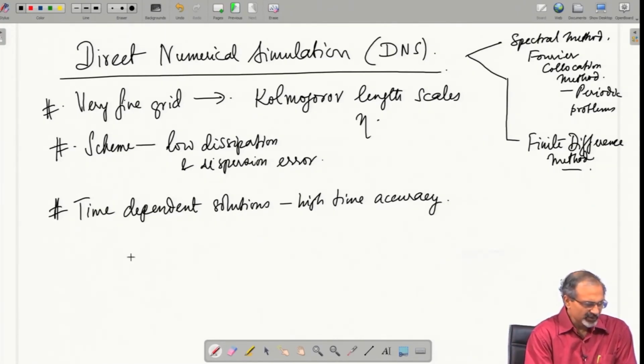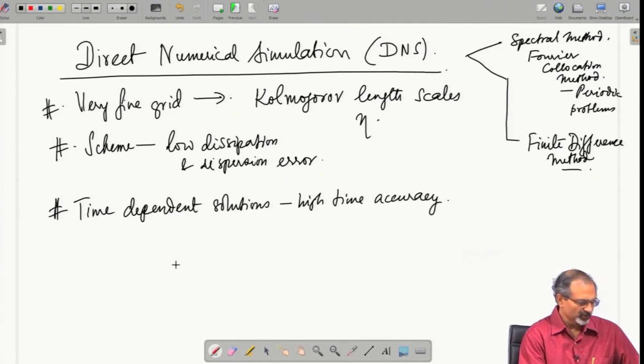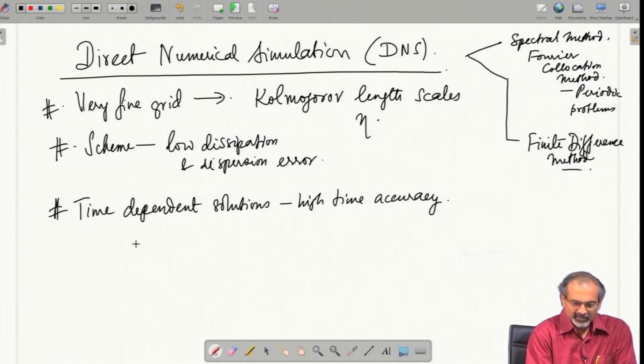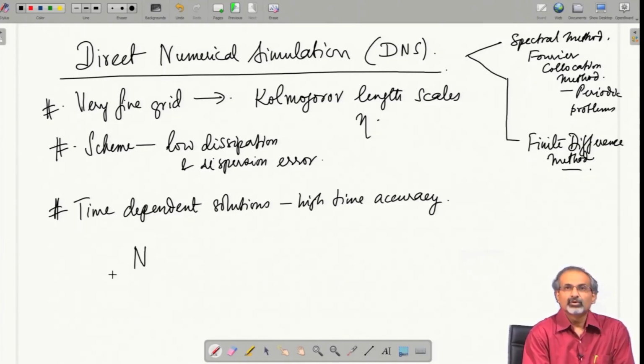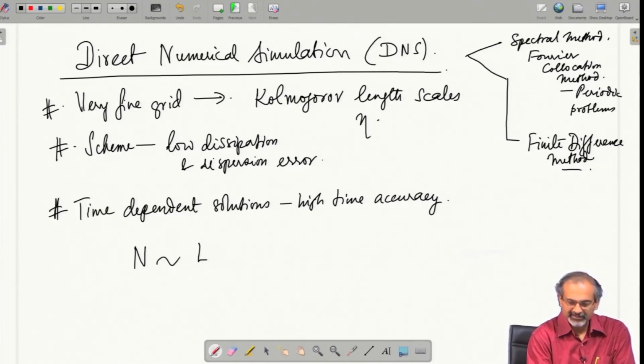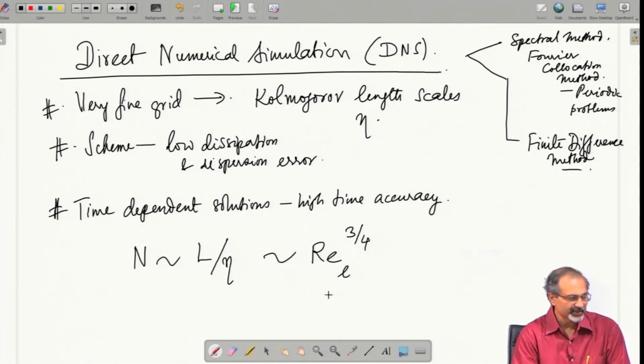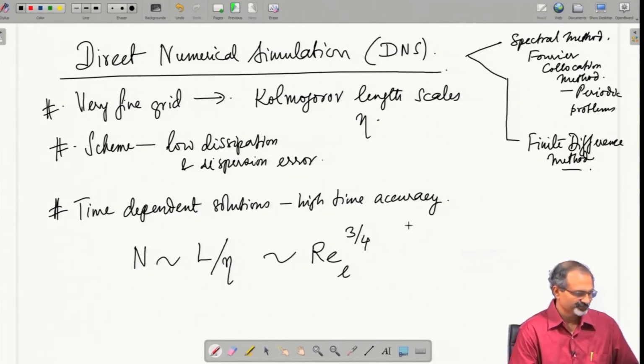And in order to resolve all the scales of motion right up to the Kolmogorov levels, if you want to estimate the number of grid points that you need for a certain length scale, say L, you need to take a ratio between L and eta, the Kolmogorov scale, and that is usually of the order of the Reynolds number for the large scales raised to the power of 3 by 4.